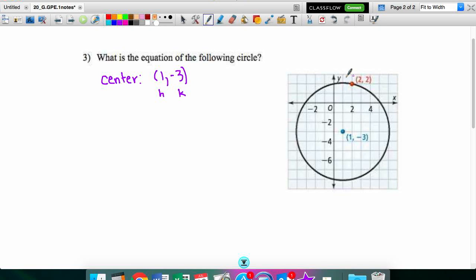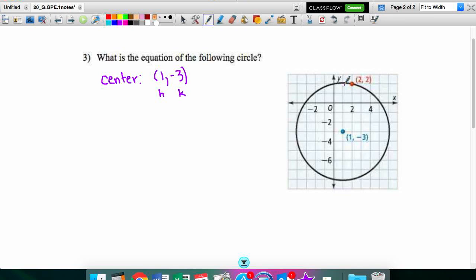Notice that they gave you a point on the circle. Be careful. Anytime they give you a point on the circle, if that point is not directly above, below, to the right, or left, you cannot count the number of squares.